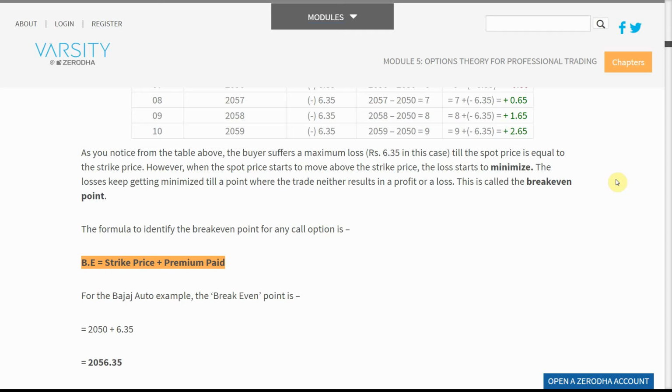As you notice from the table above, the buyer suffers a maximum loss of Rs. 6.35 in this case, till the spot price is equal to the strike price.